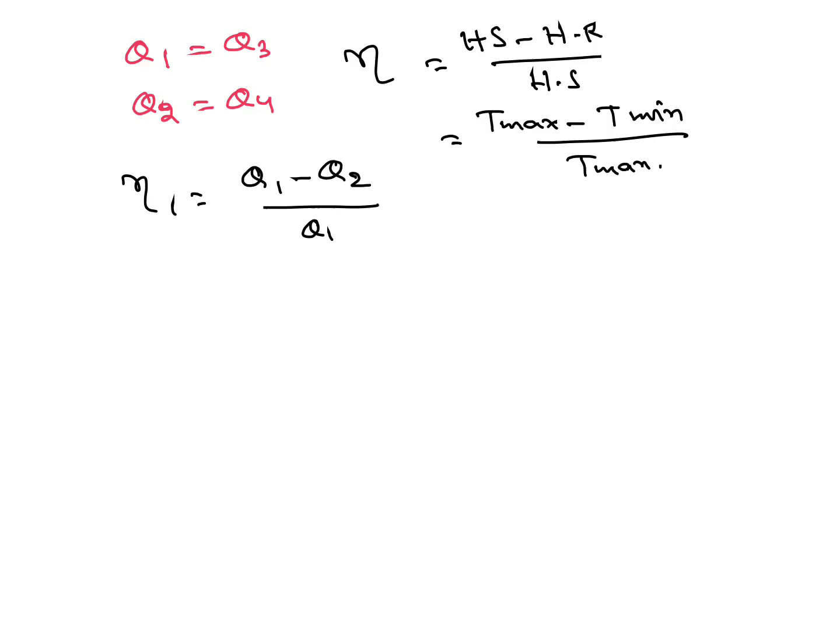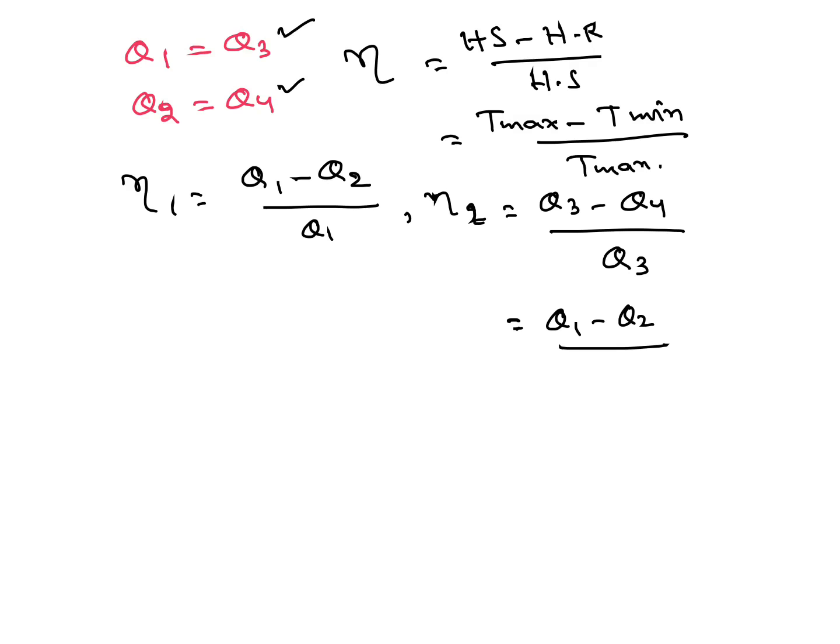For the second engine, heat supplied is Q3, heat rejected is Q4. Already in this question given Q3 equals Q1 and Q4 equals Q2, so Q4 divided by Q3 is the same as Q2 divided by Q1. This is the same as the first engine efficiency. So both engines have the same efficiency.